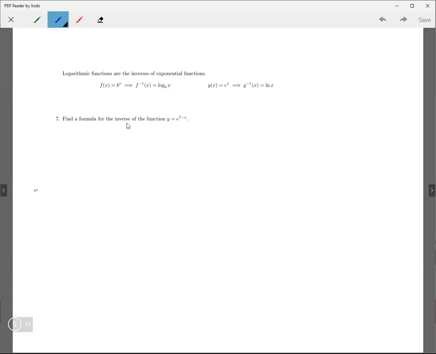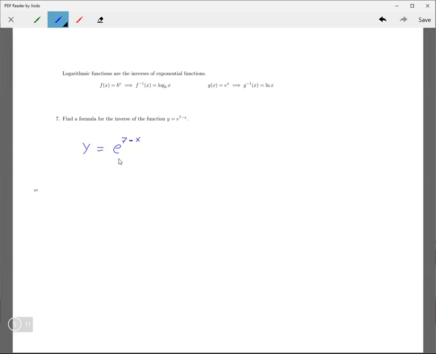Okay, so here we have y equals e to the 7 minus x, and we want to find the inverse function. Okay, so let me show you how you do that. I'm sure you have experience finding inverse functions, but here's how the book says to do it.